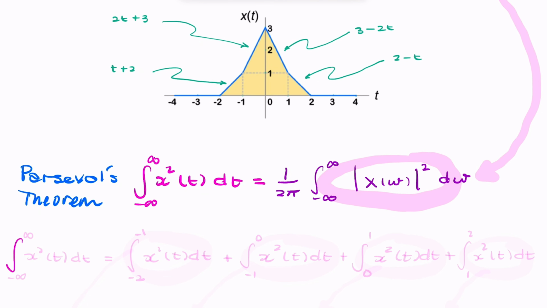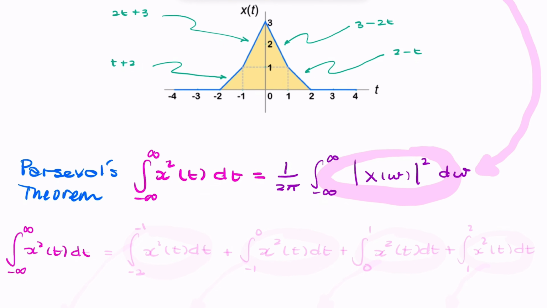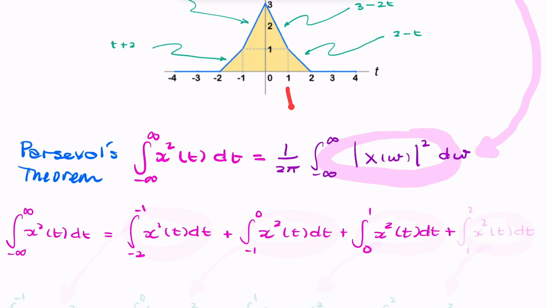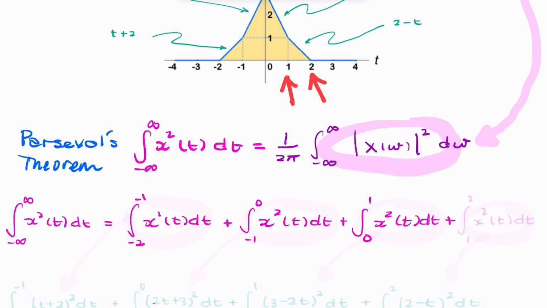So the integral of x squared of t dt, we can write as 4 separate integrations. We integrate from -2 to -1 of x squared of t dt, plus the integral from -1 to 0, and then from 0 to 1, and finally from 1 to 2.